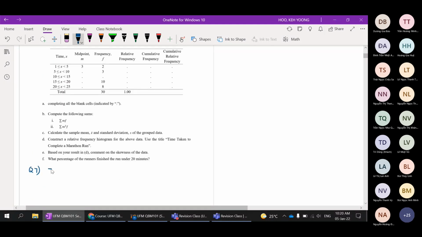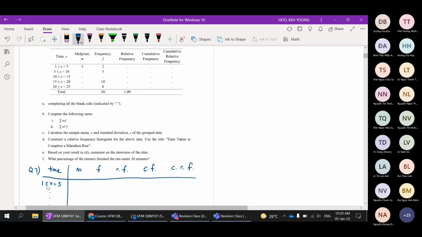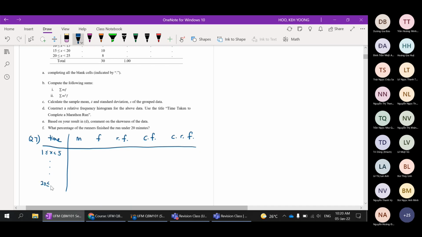Okay, so you have the time, the midpoint, frequency, relative frequency, cumulative frequency, and cumulative relative frequency.